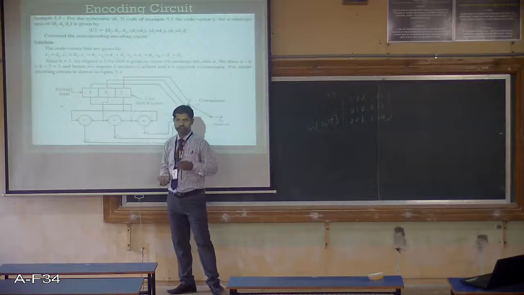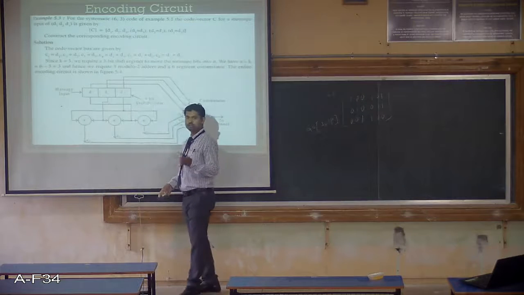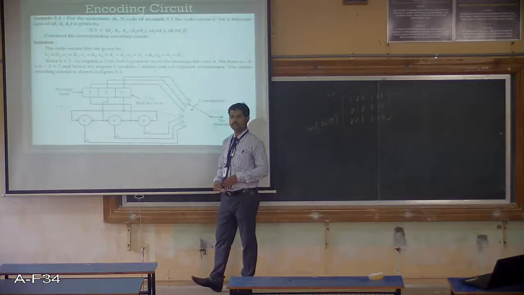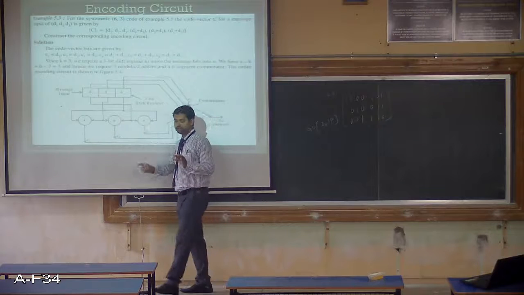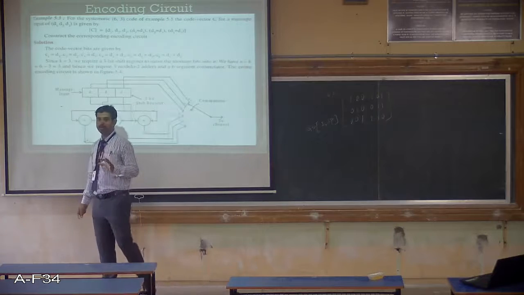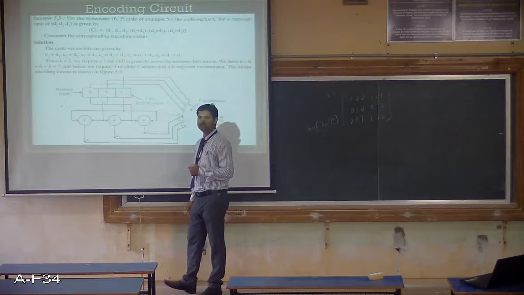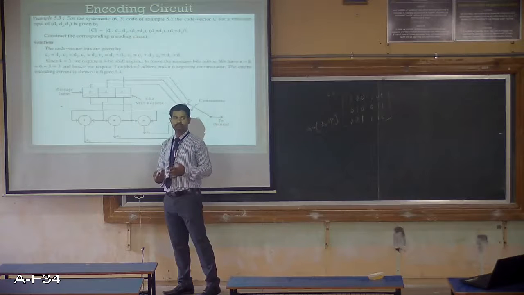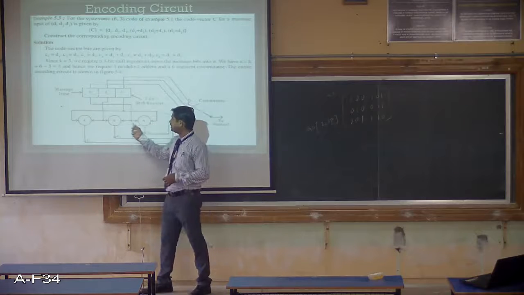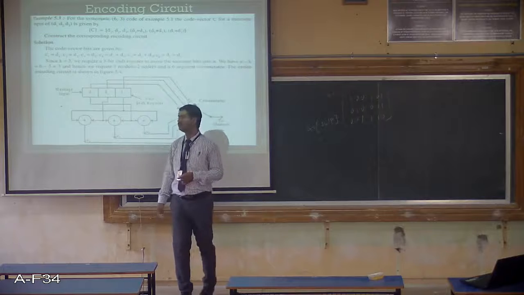Only 3 bits I have used, D1, D2, D3, because it's a case of 3. It's a 3-bit shift register and I need some adders, mod 2 adders. They are also available. If you want to add the bits, 2 bits, we have plenty of adders. These are the mod 2 adders, right?